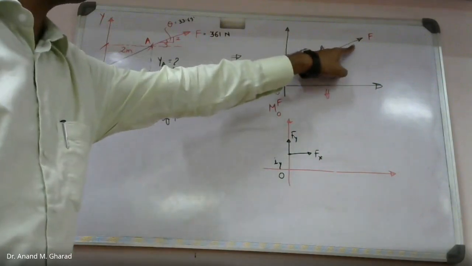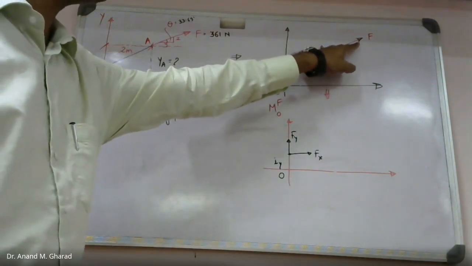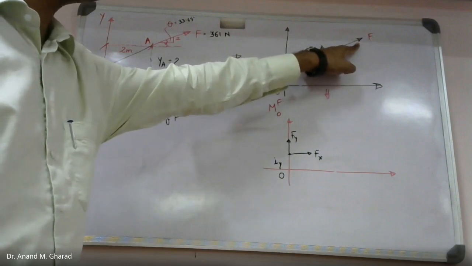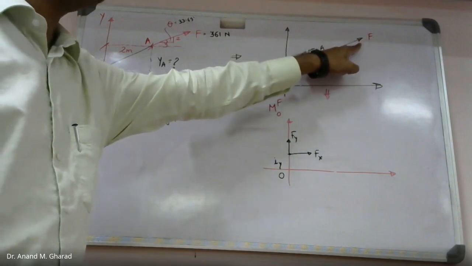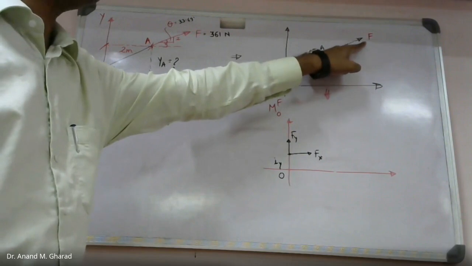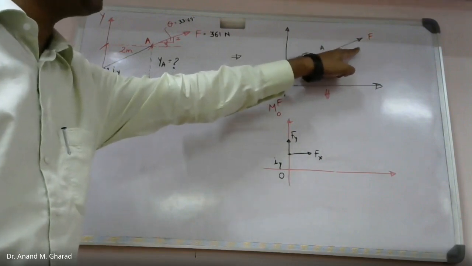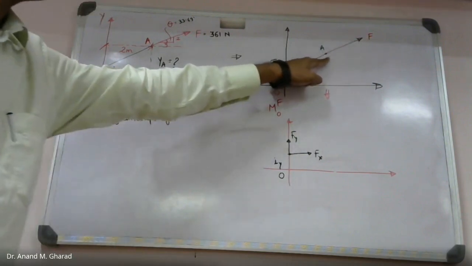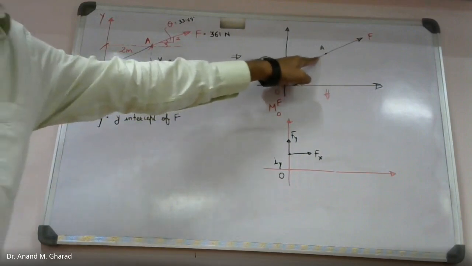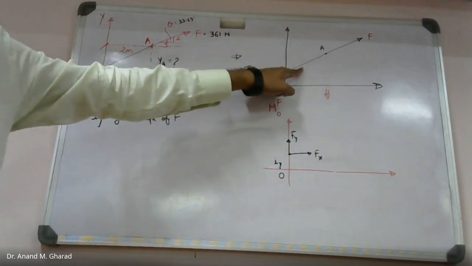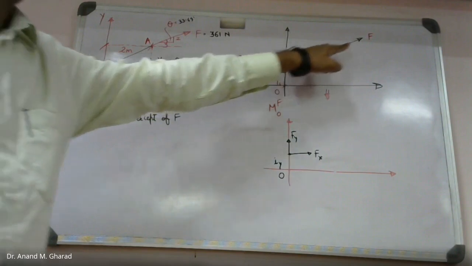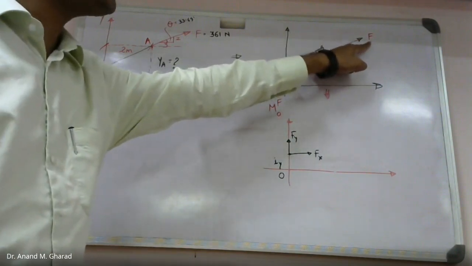As per the principle of transmissibility, whatever force is applied on any rigid body shall continue to be the same along the line of action of the applied force. So at any point, the magnitude of this force shall be constant.